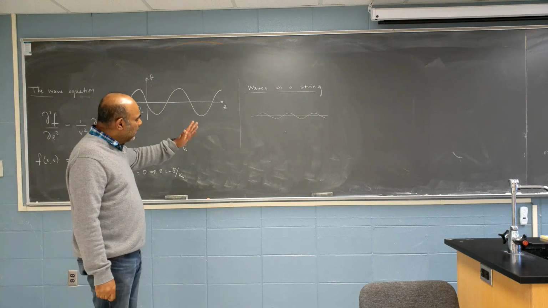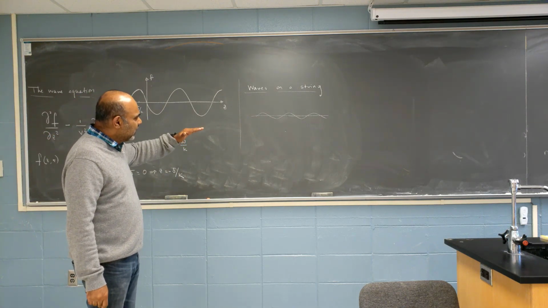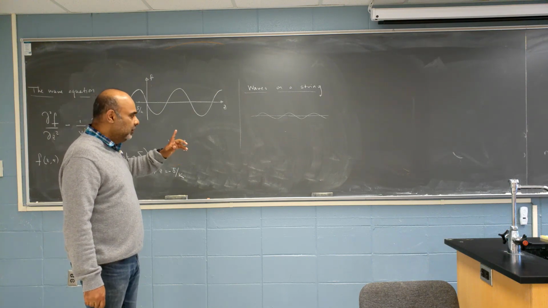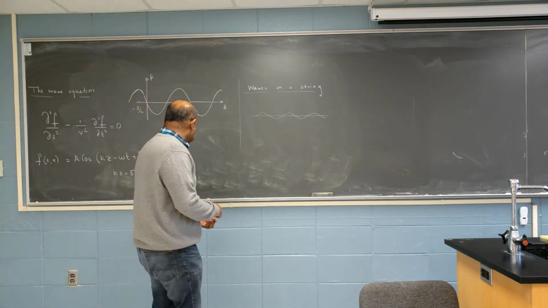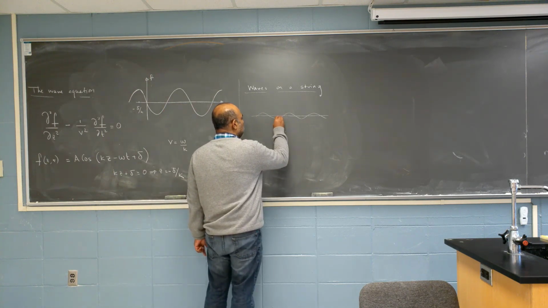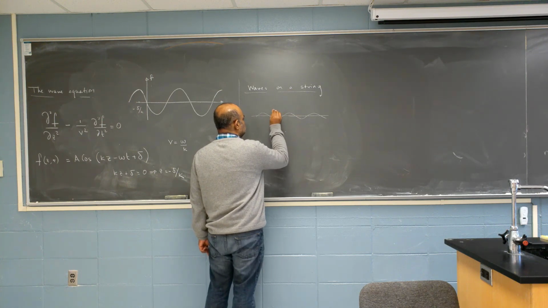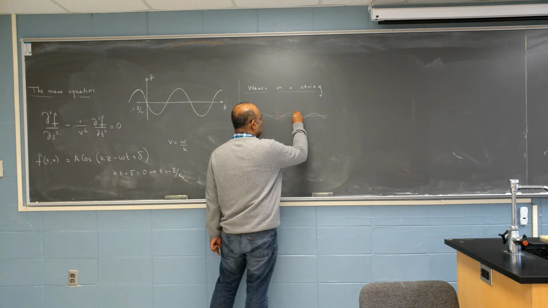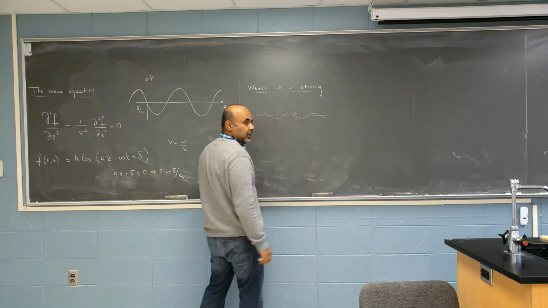So we're only allowed to wiggle the string a little bit. It doesn't go very high. Furthermore, each point in the wave can go only up or down. It's not moving sideways.